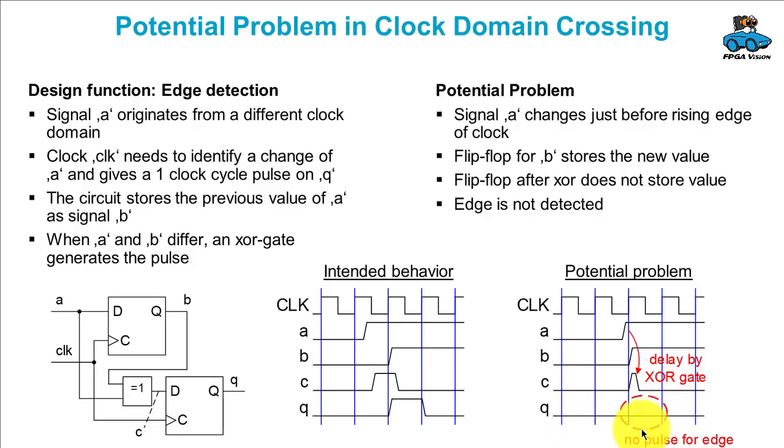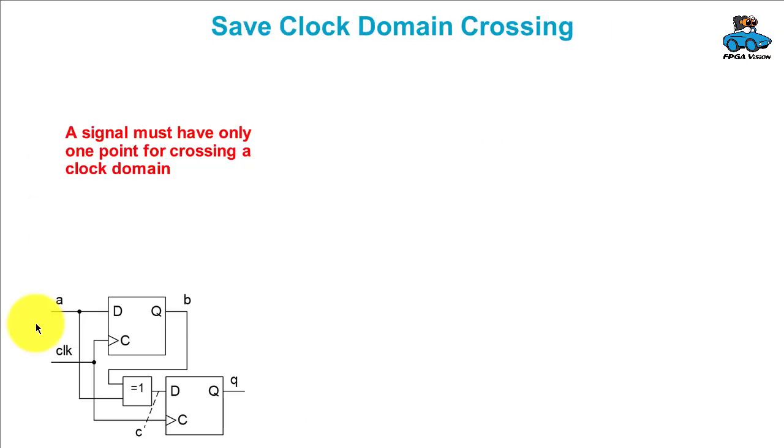The design really misses this edge. There's no pulse detected here. And this happens because you have the edge of the input signal just before the edge of the rising clock, which you cannot control. So how can we prevent such an error?